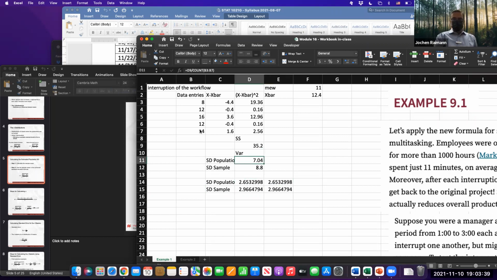So you have the population variance calculated as D9, which is our sum of squares, divided by the count of all individual scores. So you're counting the scores, that's 5. You get to the population.